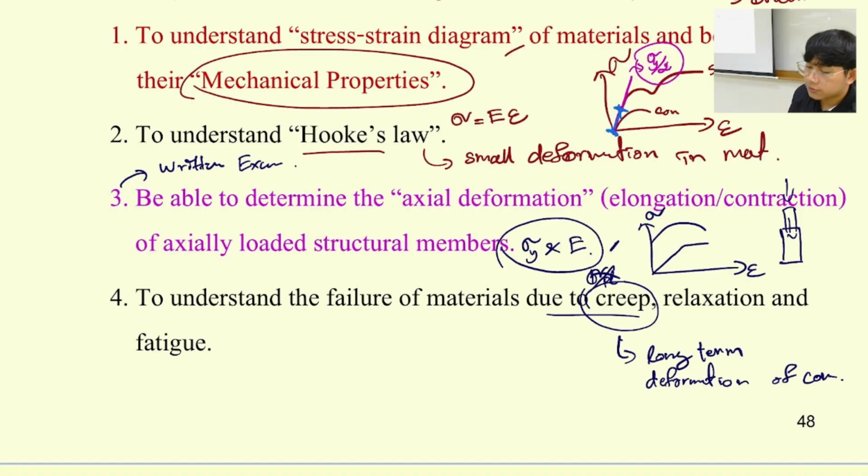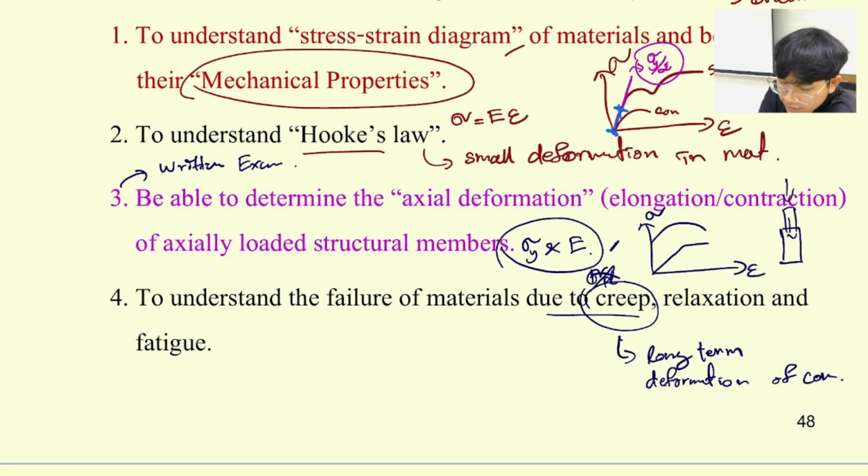Okay, which means your concrete may change in deformation over the long term, or change in shape in the long term. So that will cause some danger to your structures. So we're going to look at it later in detail.